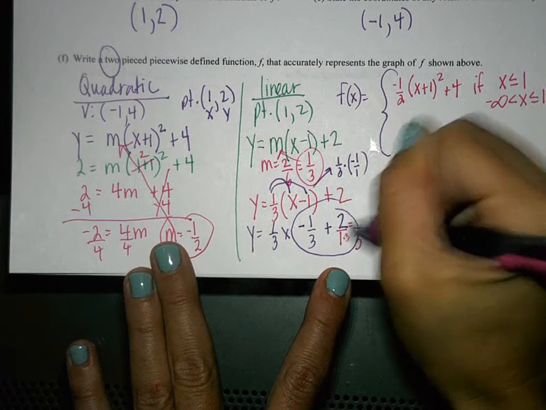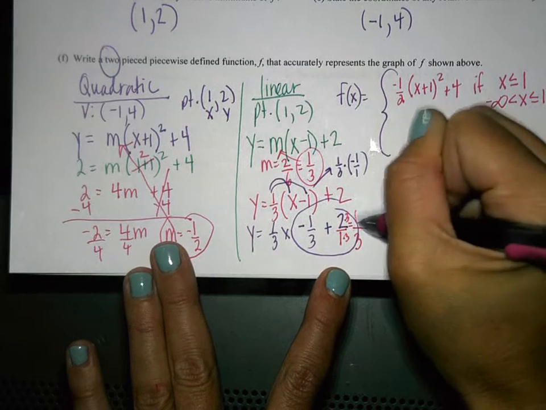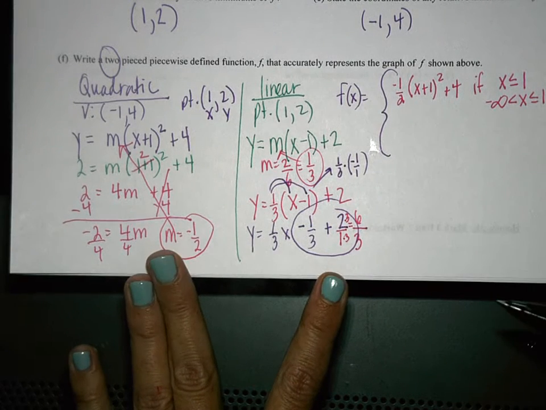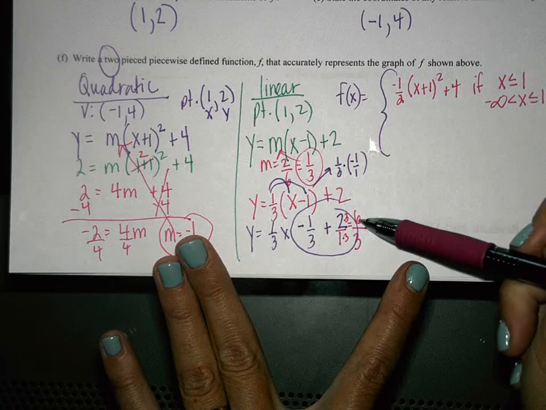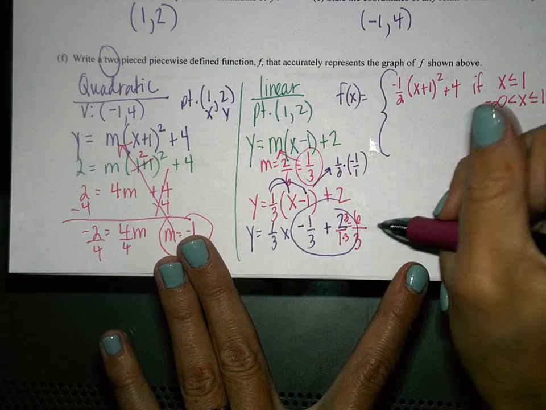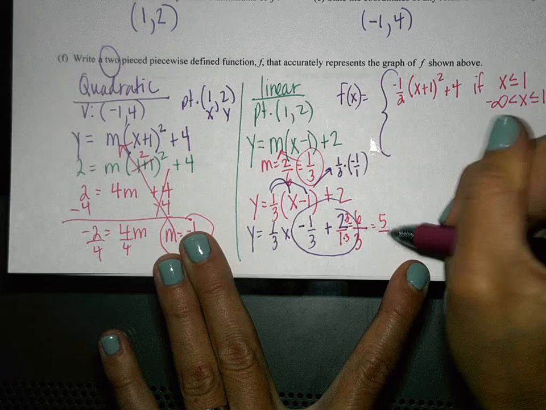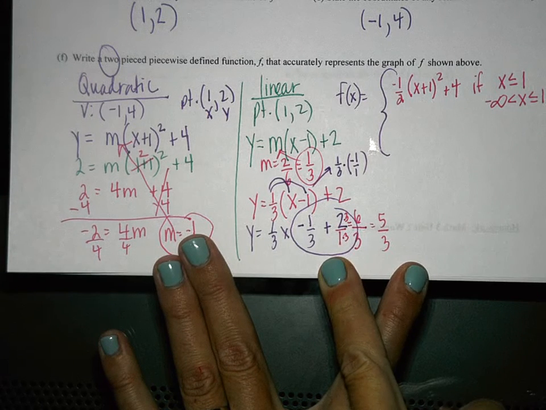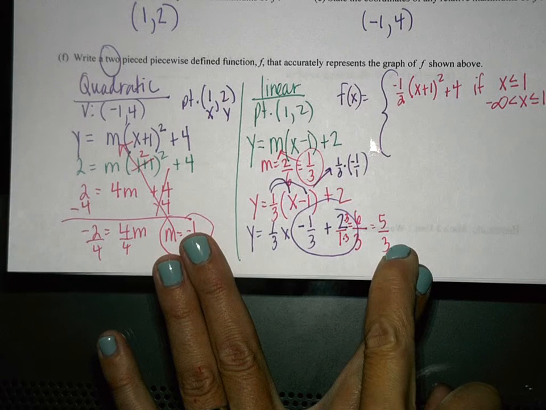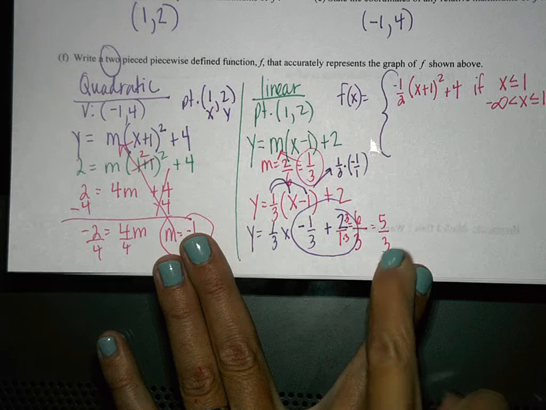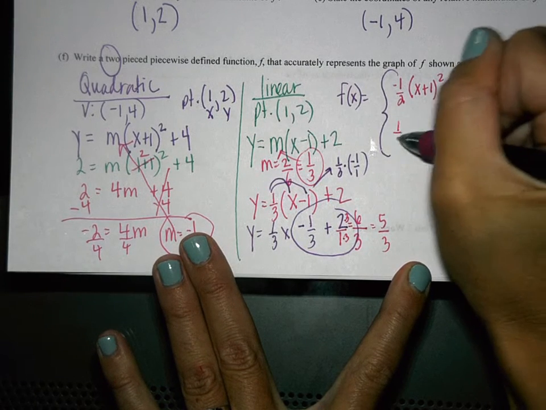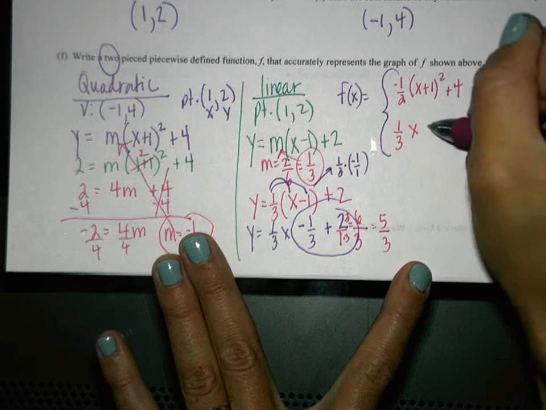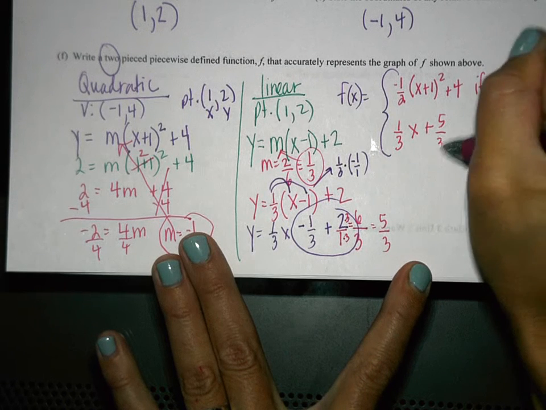So 2 times 3 is 6. Does 6 over 3 reduce to be 2? Yeah, so I did it correctly. And so now I have 6 minus 1, which is 5. So this simplified to be 5/3. Okay? So when I write this equation, and this is what you would see on a test if it was multiple choice, 1/3 x plus 5/3.